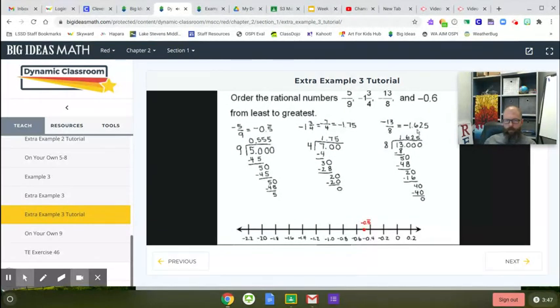So you should have negative 1 and 75 hundredths, negative 1 and 625 thousandths, negative 6 tenths, and negative 0.5 repeating. So this can help us order them from least to greatest. The least is farthest to the left. So that would be negative 1 and 75 hundredths, which is originally negative 1 and 3/4.